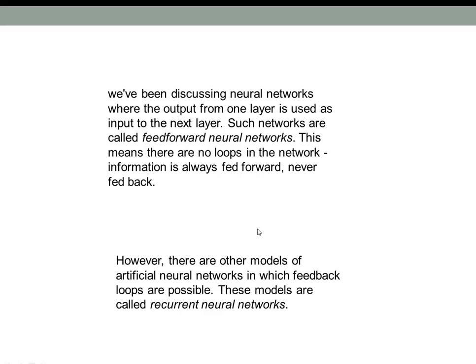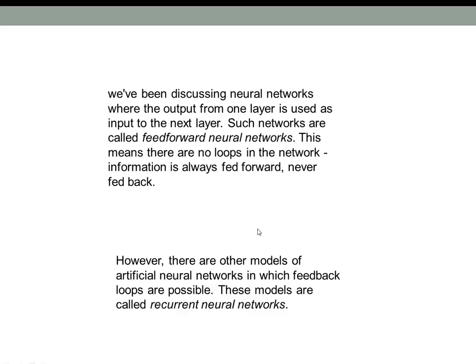Okay, we've been discussing neural networks where the output from one layer is used as input to the next layer. Such networks are called feed-forward neural networks. This means that there are no loops in the network, and information is always fed forward, never fed back. So I'm just bringing this up as a term so that you've heard it. So they talk about it as feed-forward, which means that there's no back loop.